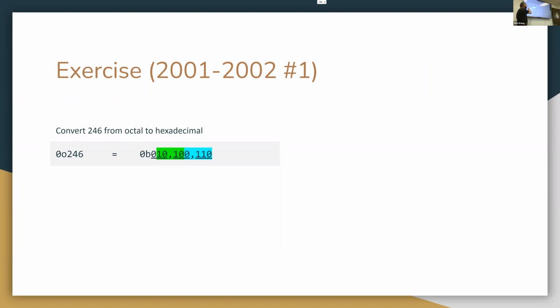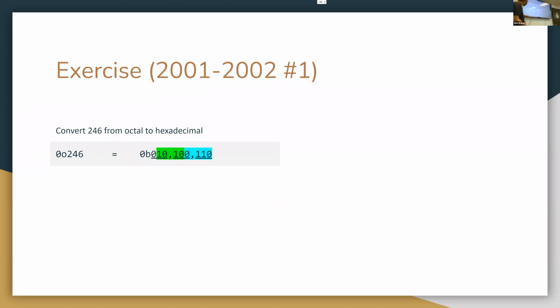And each octal digit can be mapped into 3 binary bits. Remember the conversion table? If you don't know how to convert, you can just write the full table out on a sheet, then you can just look at this.